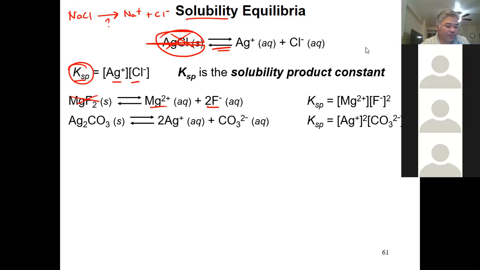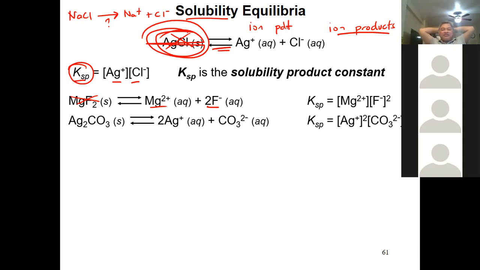Now, you may ask yourself, what does this mean? Why is it that in the Ksp you only write what we call the ion products? Because you always have a solid substance as your reactant.